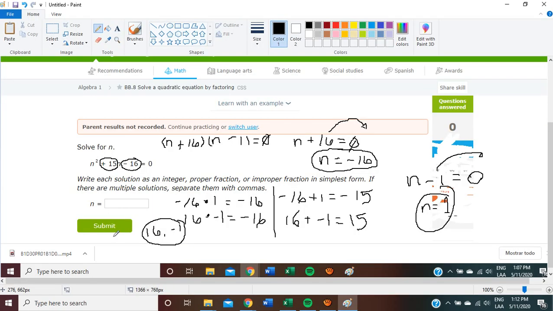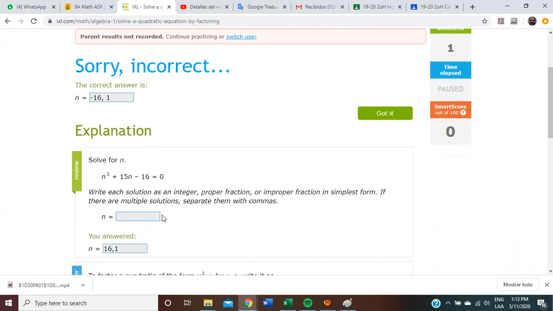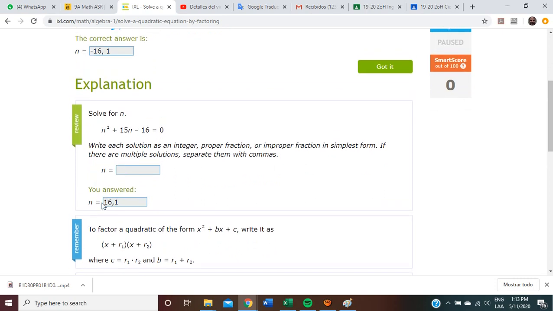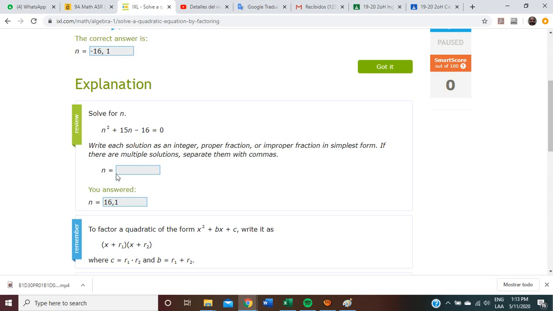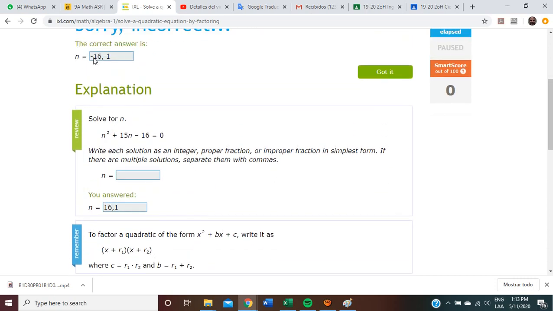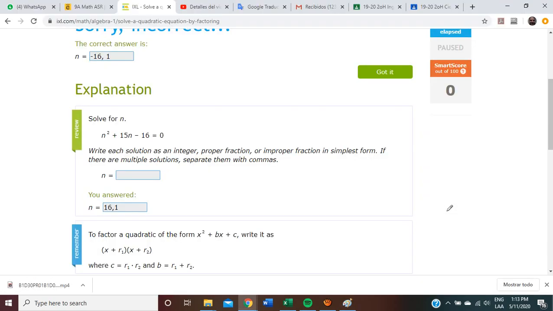Sorry about that, I forgot to write the negative right here. This symbol, when I just wrote it, I made a mistake, it is incorrect because of the symbol. It is negative 16 and 1. Okay?